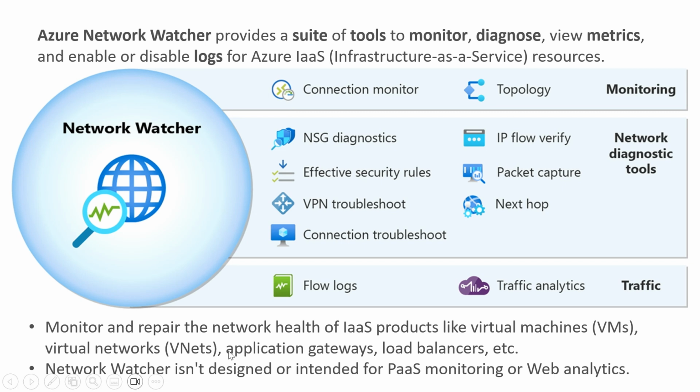Okay, so let's have a detailed discussion of all these tools a little later, but at a very high level, the connection monitor is going to help you monitor the end-to-end connectivity. You can have one system talking to another system within Azure or across different cloud platforms, like the database in Oracle, and the front-end web server or application in Azure. Or, due to data residency, you might have your data and database on premises and the application or web server in the cloud.